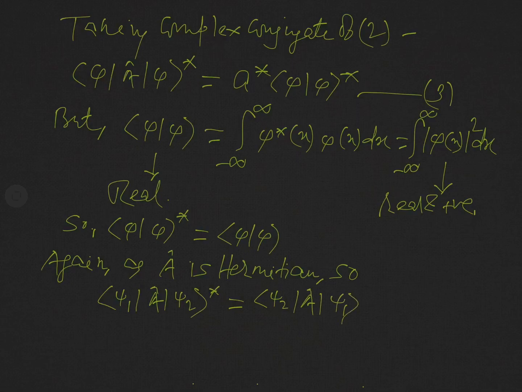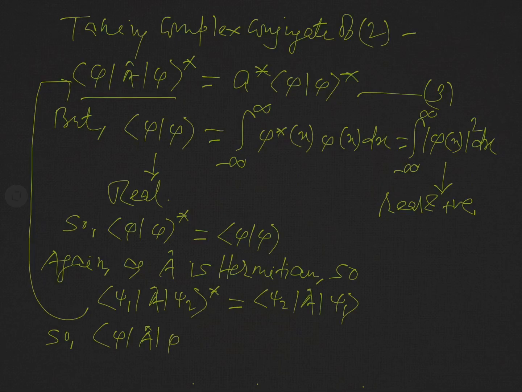So in the light of this equation, we can write the product of phi A hat phi star equal to phi A hat phi.